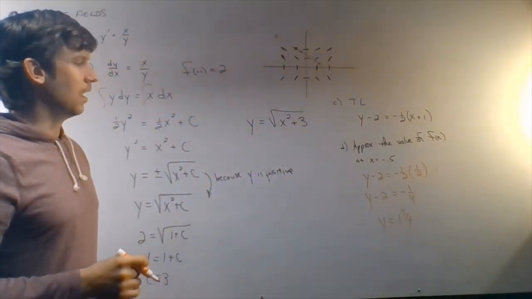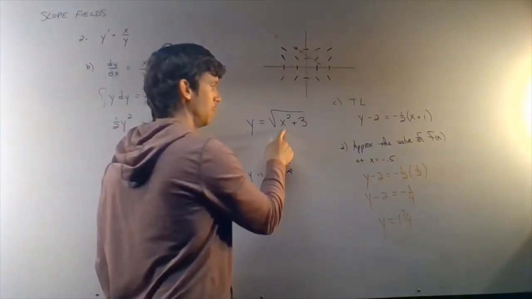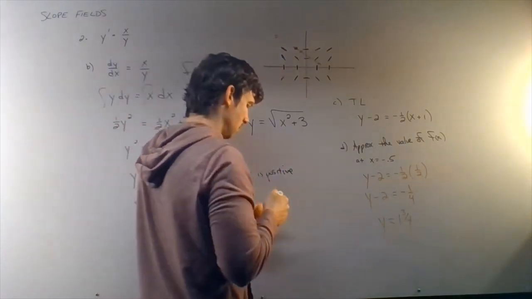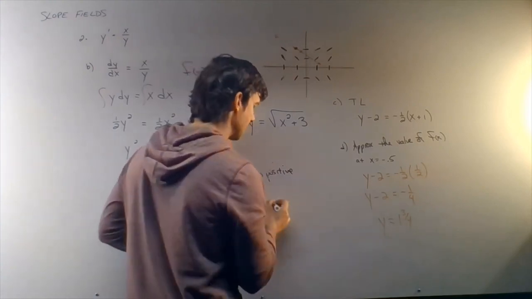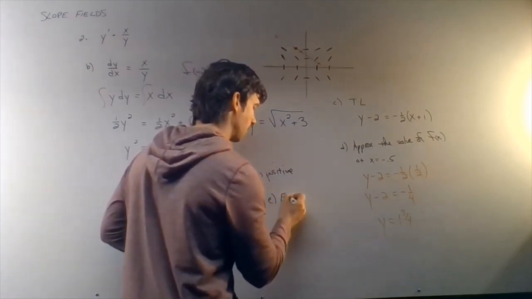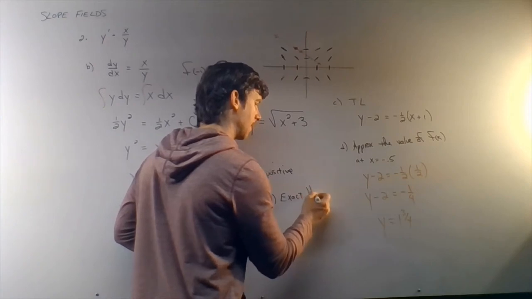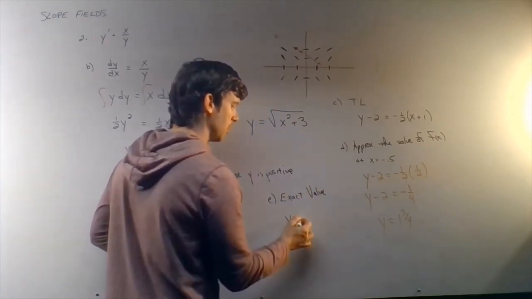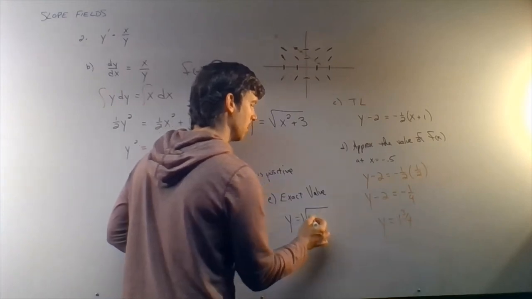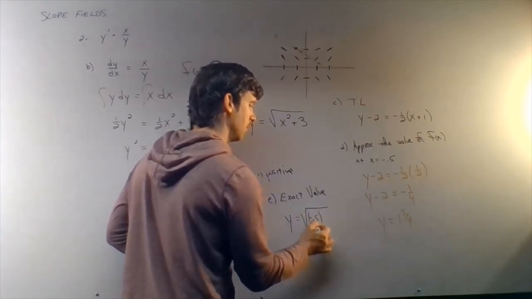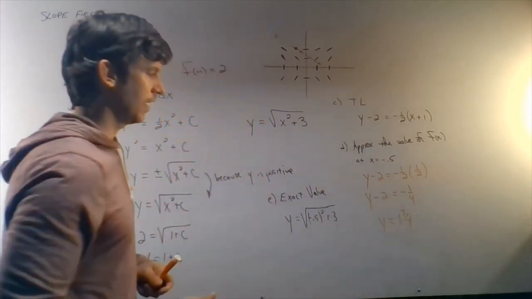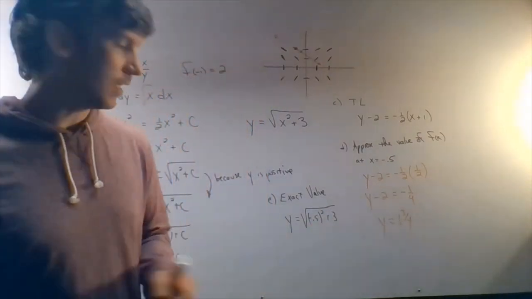Okay? The exact value would be, now that we just found what our function was, let's say this is like a letter E, the exact value, we can use our function here. We would have y equals the square root of negative 0.5 squared plus 3. Okay, so that's 3.25, right?